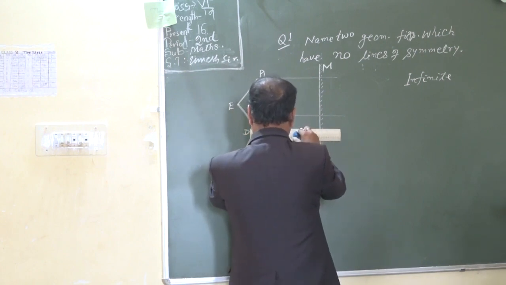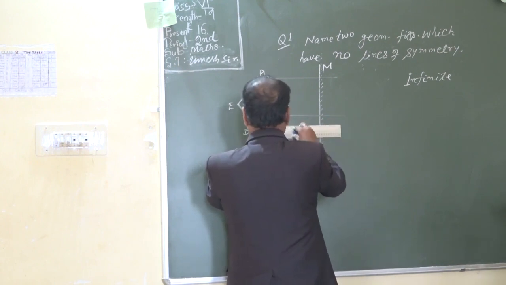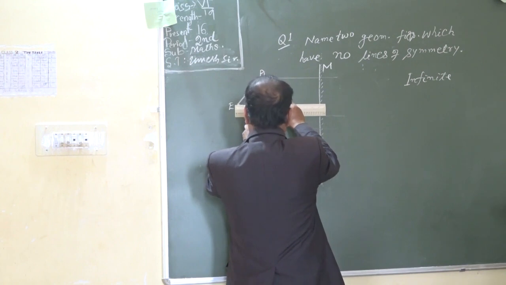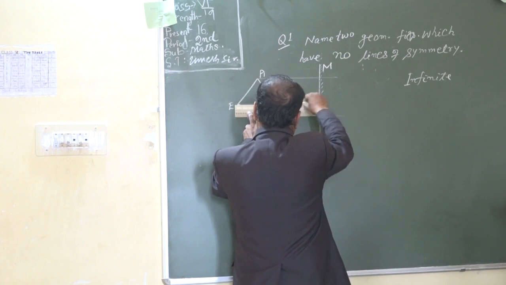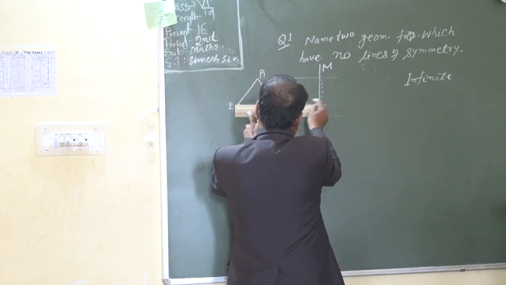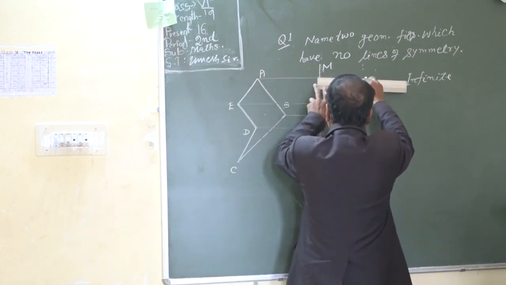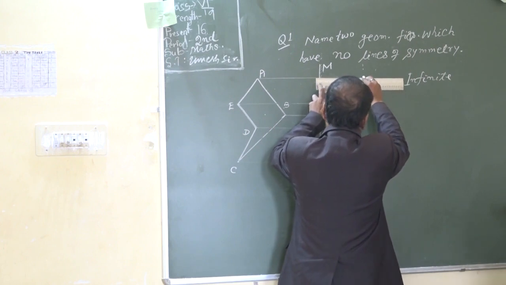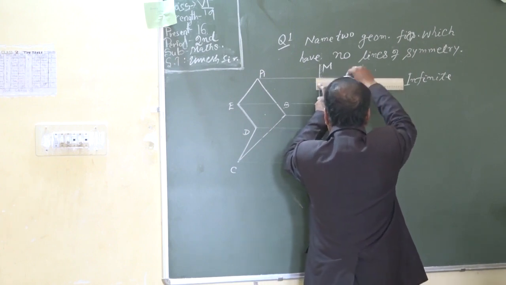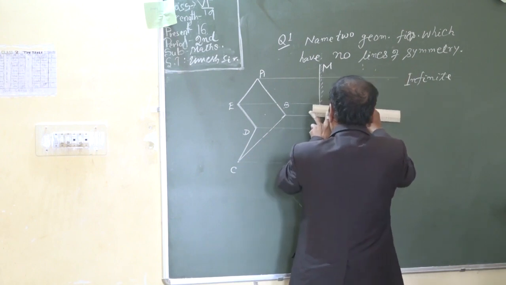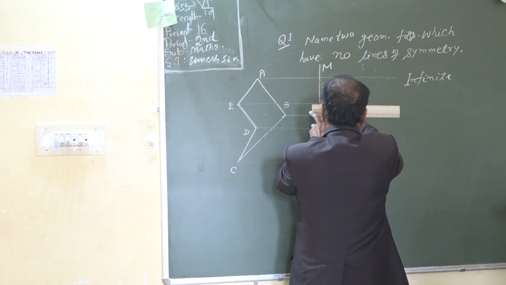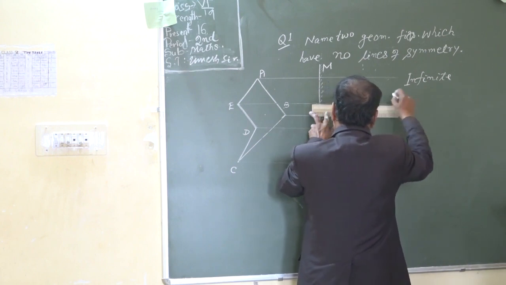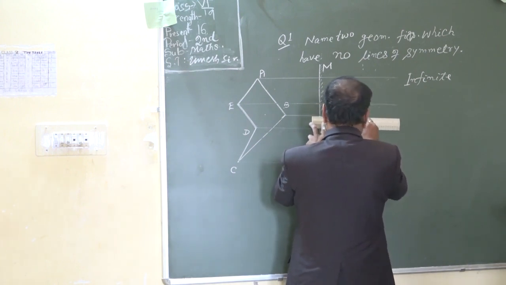Then from D you draw. Then from E also you draw. Now you extend these lines. This one, it is another line.